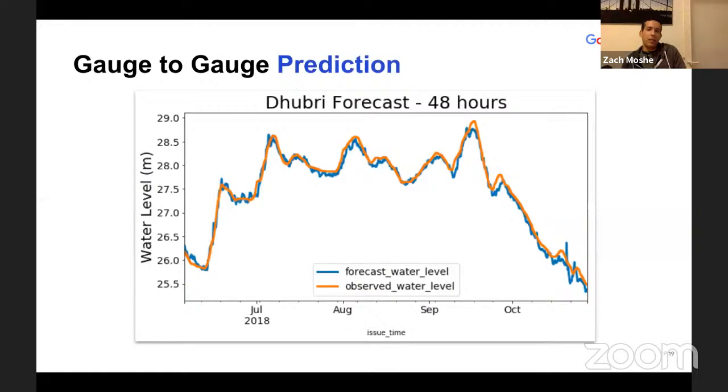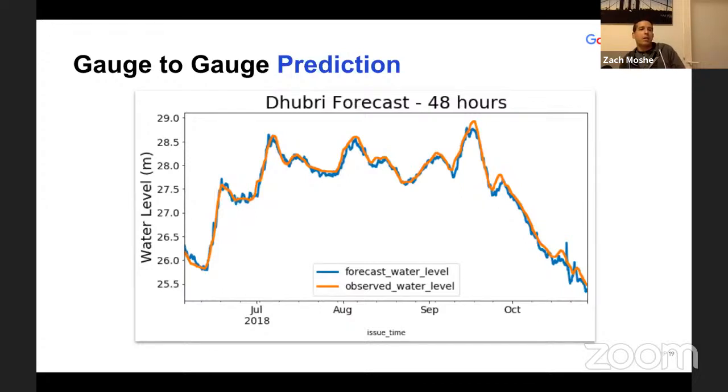And as you can see, that's actually pretty nice. I'm not really going to discuss the actual metrics and the score of this model, but for the untrained eye, it looks okay. It looks like we can make a nice prediction using just Dubri and maybe its few direct upstreams, and that's great.